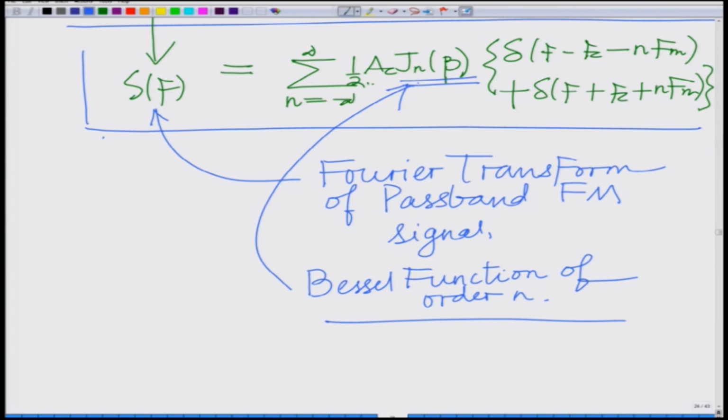But in practice we have to limit the bandwidth or spectrum of this transmitted FM signal, so we have to choose a realistic value of bandwidth. A realistic value of bandwidth is the range of frequencies for which J_n(β) is significant.